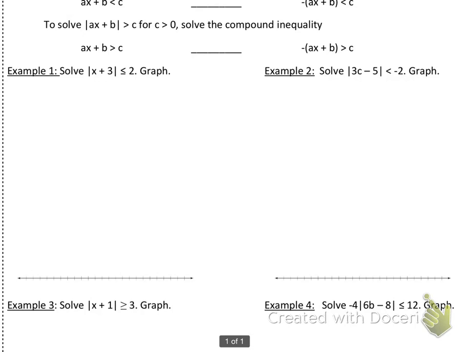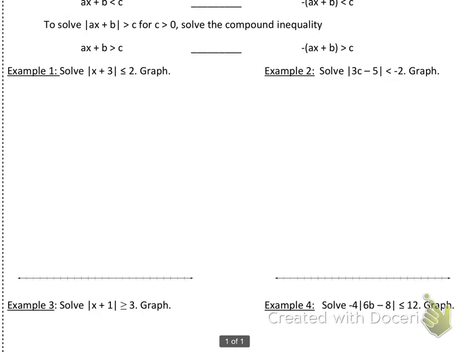I'm going to do 4 examples. So the first thing we need to do is make sure it's isolated. Is that absolute value by itself? Well, in this case, yes, it is by itself on the left-hand side of the inequality. Then you have to use reason. Step 2, use reason. Does this make sense? Can I have a distance that is less than or equal to 2? Yes, so I'm going to proceed.